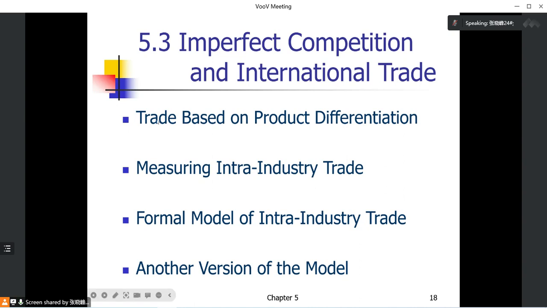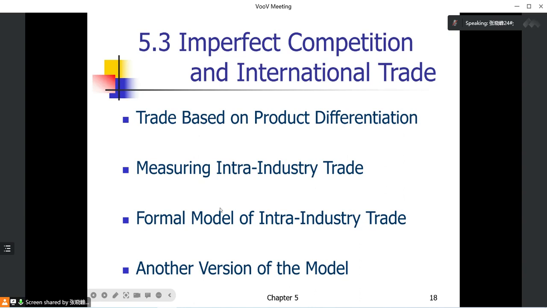That is a trade based on product differentiation. The premise is the product differentiation. The measuring of intra-industry trade: intra-industry is a very important terminology in the contemporary theory of international trade.